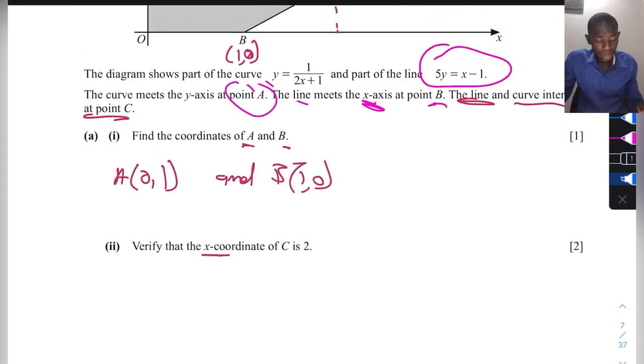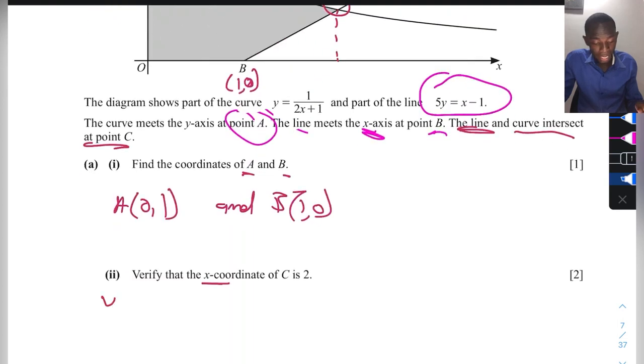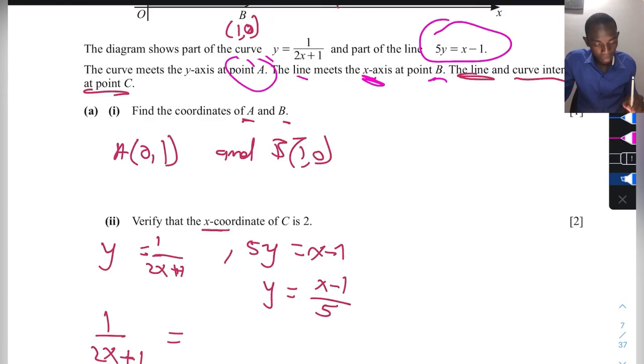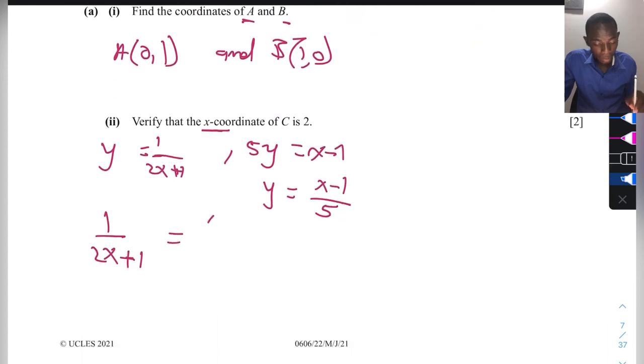So you just equate the two. The curve is 1 over 2x plus 1, and the line is 5y equals x minus 1. So just make y the subject from here. You are going to have x minus 1 over 5. Great. Equate them. So you have 1 over 2x plus 1, equal to x minus 1 over 5.